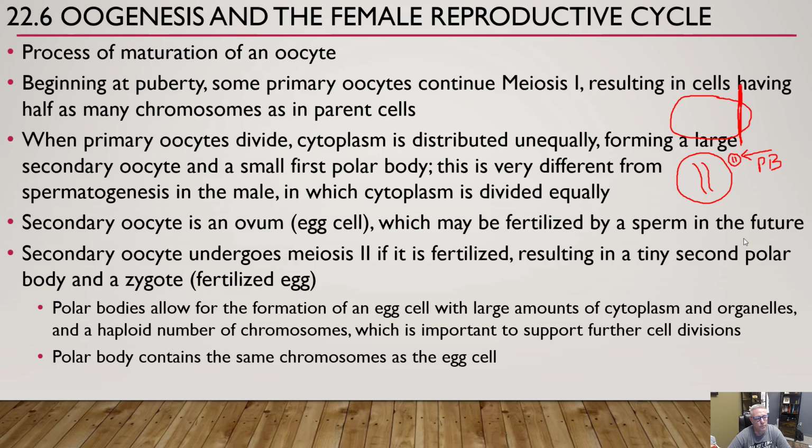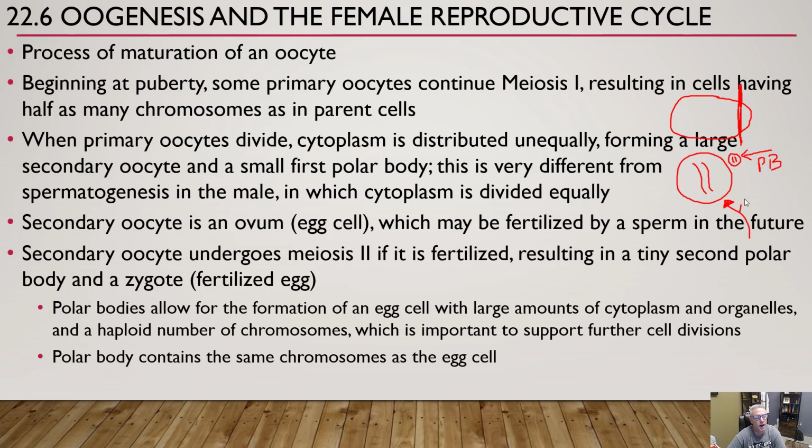Now, sperm will fertilize, most likely, this secondary oocyte. Polar bodies really are there to provide some organelles for the secondary oocyte, just some backup stuff.